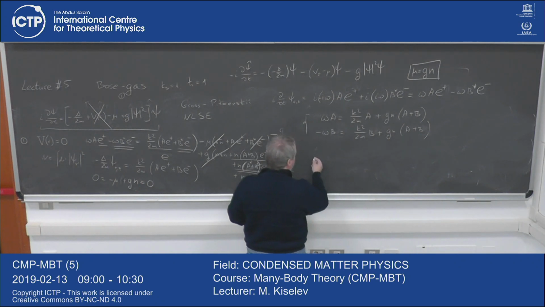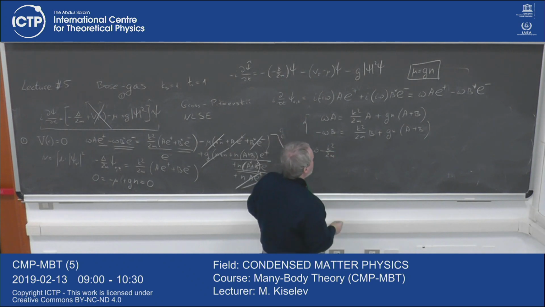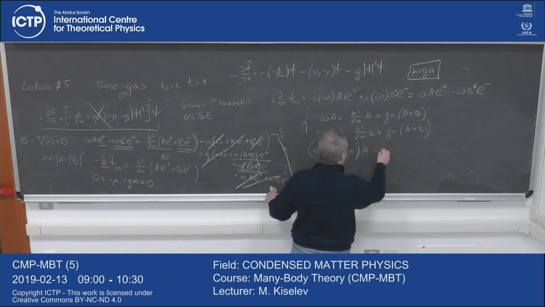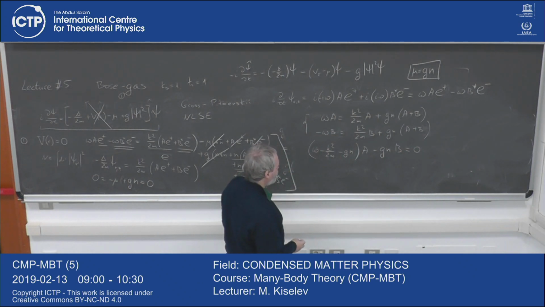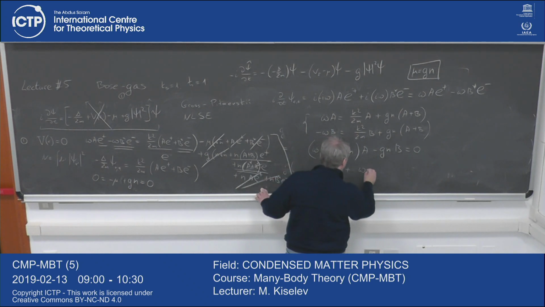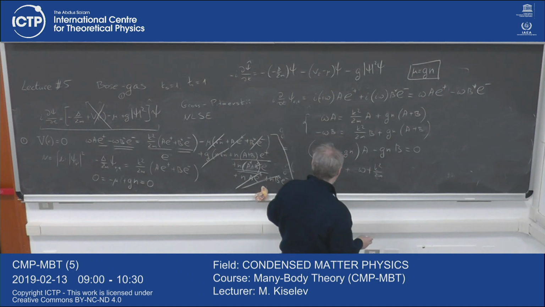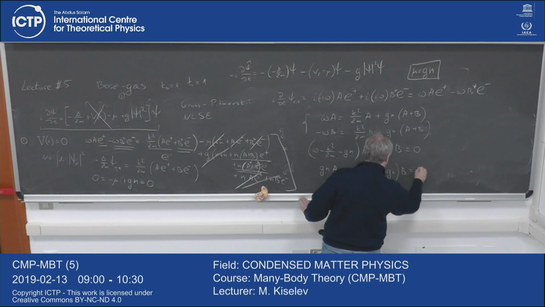So a, I will take everything to the right hand side: omega minus k squared over 2m minus g n times a minus g n times b is equal to 0. And I will take g n a plus omega plus k square over 2m plus g n times b is equal to 0.